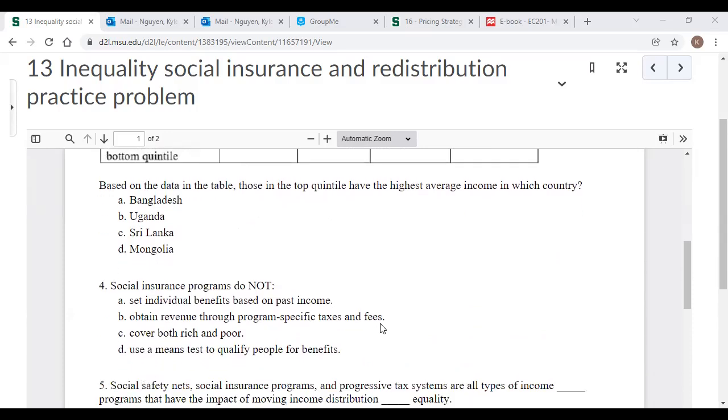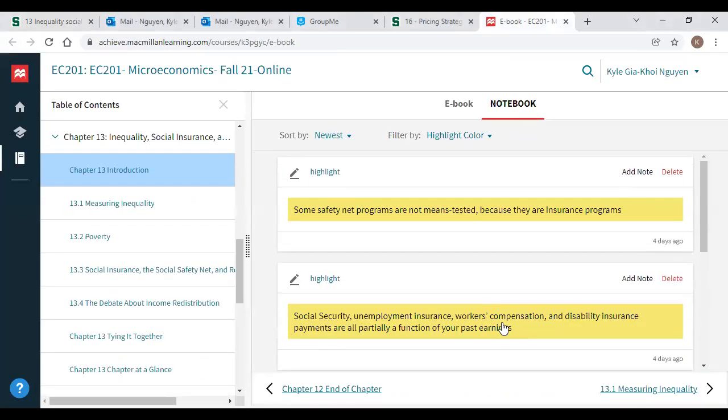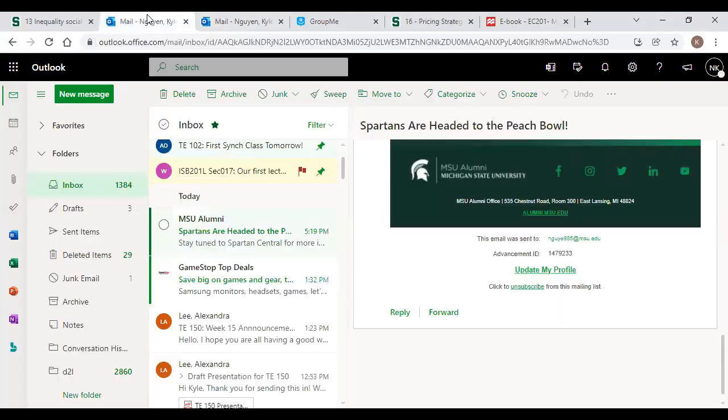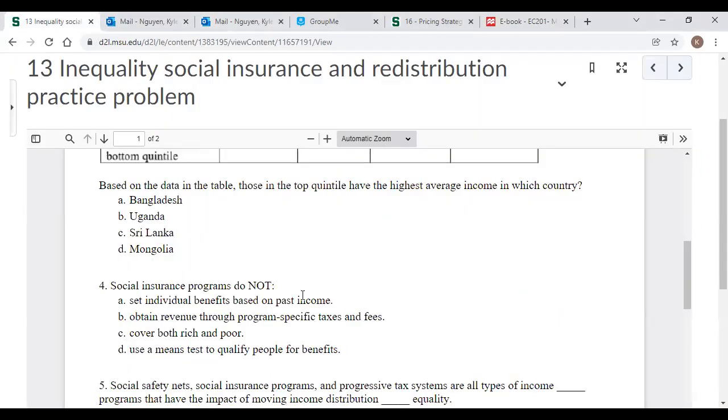Social insurance programs do not... and for this, I actually have my notes out. So let's talk about social insurance programs. A lot of people conflate social insurance programs with social safety nets, and they're different.